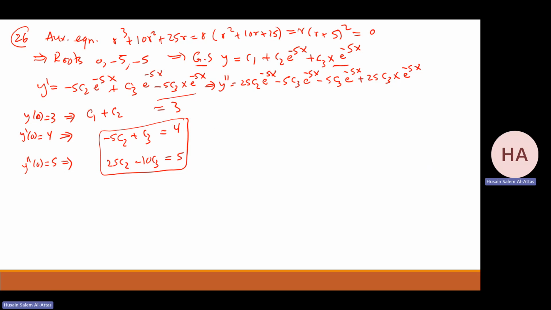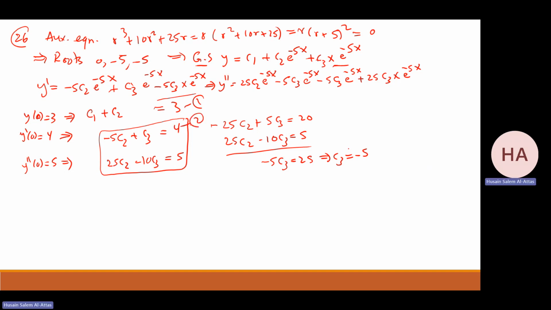Multiply the first by 5. So I have minus 25 C2 plus 5 C3 equal 20. And this is 25 C2 minus 10 C3 equal 5. Add, you have minus 5 C3 equal 25. So C3 equal minus 5. Good.